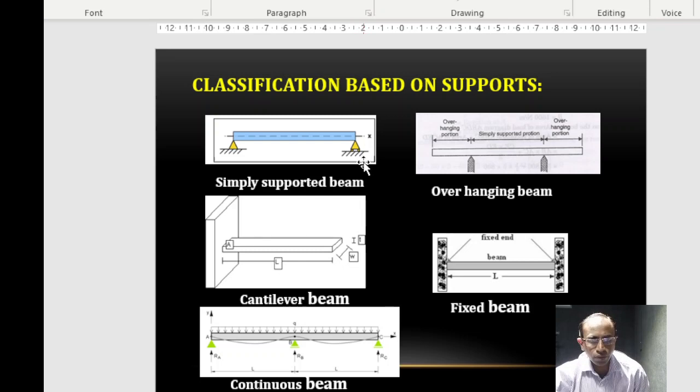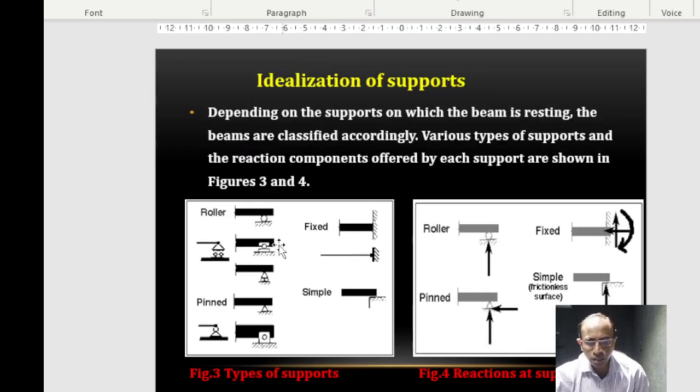We can use any of the combinations, maybe a roller and a hinge, or fixed and roller. Of course, a fixed support can be used alone also. And fixed and hinge you can use, fixed and roller you can use, or you can use two hinges also. Generally one hinge and one roller is used, right.